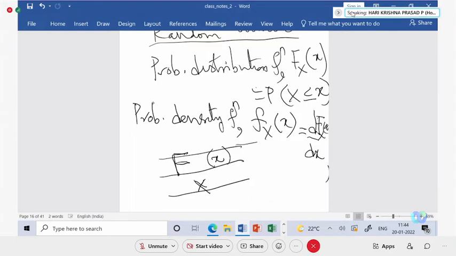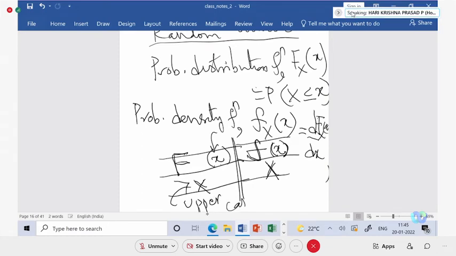Likewise, I have the density function. What is the notation for a density function? Lowercase f. For which random variable is it? Random variable X. What values does the random variable take? Small x. Is it fine? This is the argument which is plotted along the x-axis. So this should be uppercase and this should be lowercase.